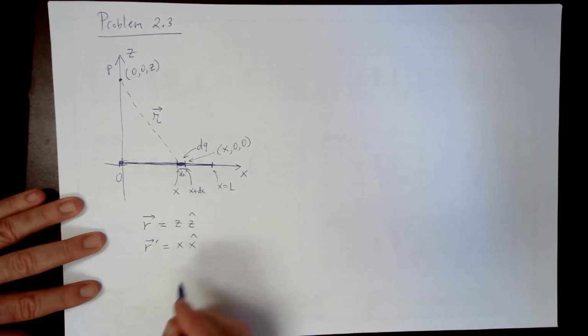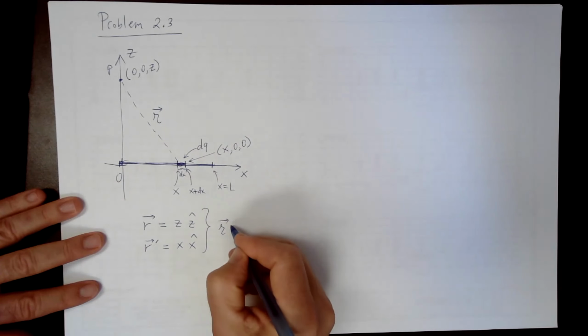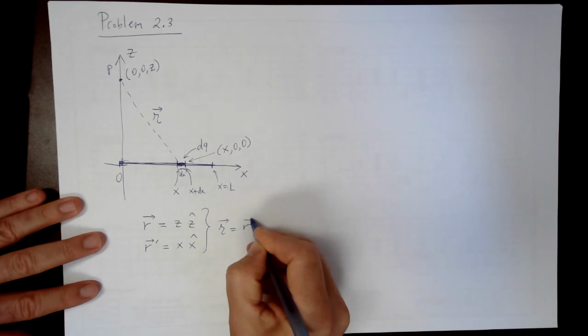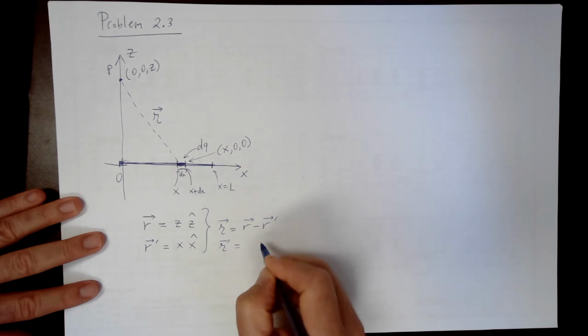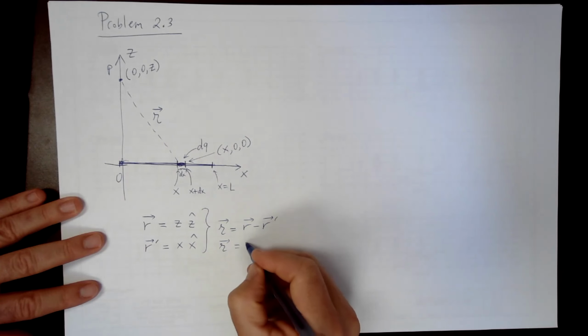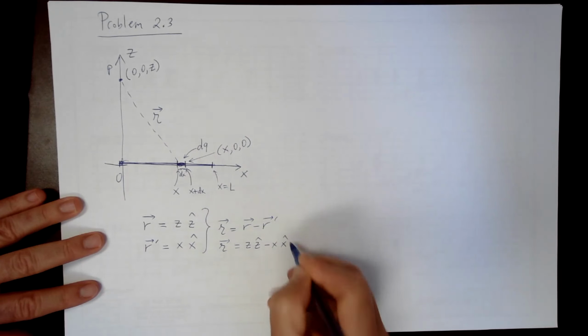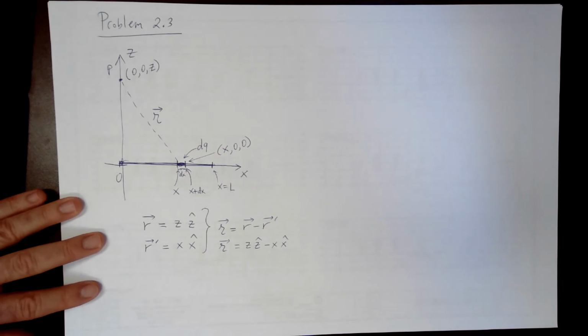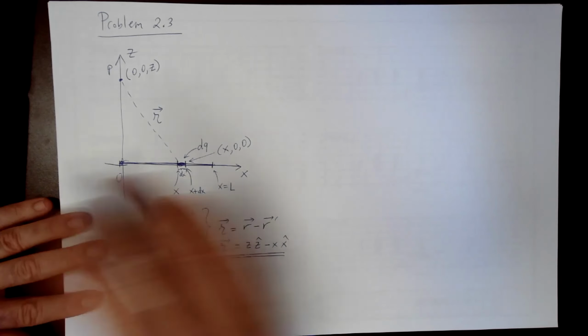The separation vector, script r, would be r minus r prime, which is z z hat minus x x hat. So this is what I need to use in setting up my integral.